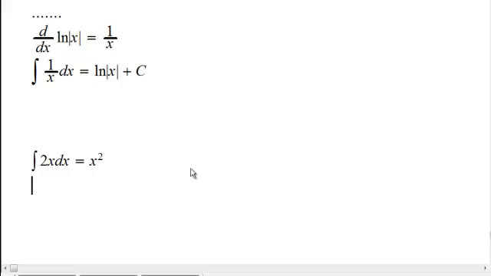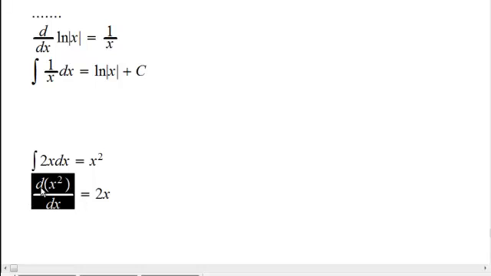Yeah. Okay. So what happens is this: you agreed with that because you say d/dx of x squared is 2x, right? So the derivative of x squared is 2x. So the antiderivative of 2x is x squared, right?